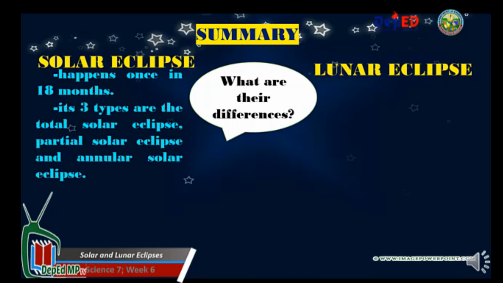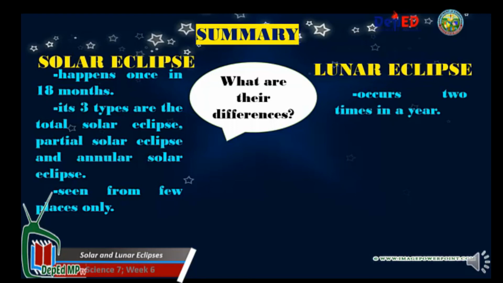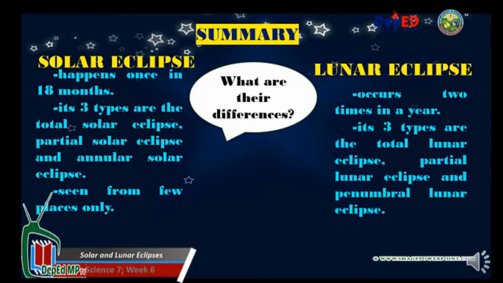Its three types are the total solar eclipse, partial solar eclipse, and annular solar eclipse. It is seen from few places only. While a lunar eclipse occurs 2 times in a year, its three types are the total lunar eclipse, the partial lunar eclipse, and the penumbral lunar eclipse. It is also seen from many places.